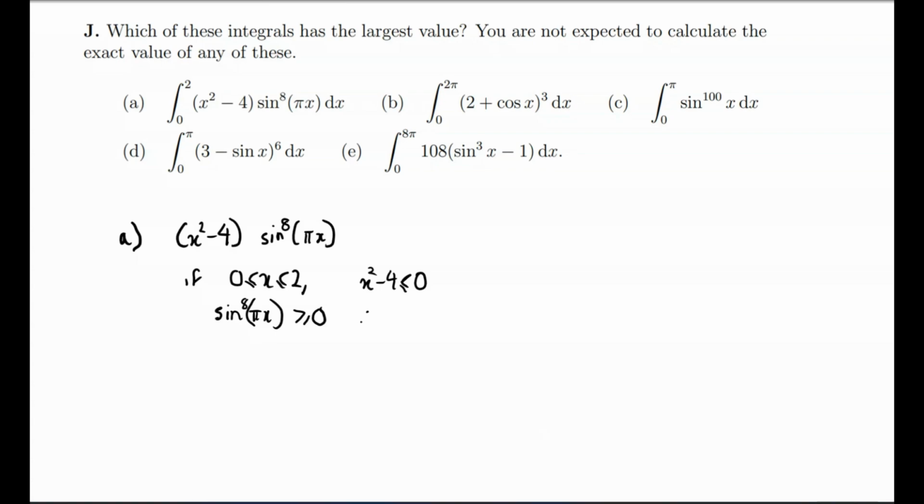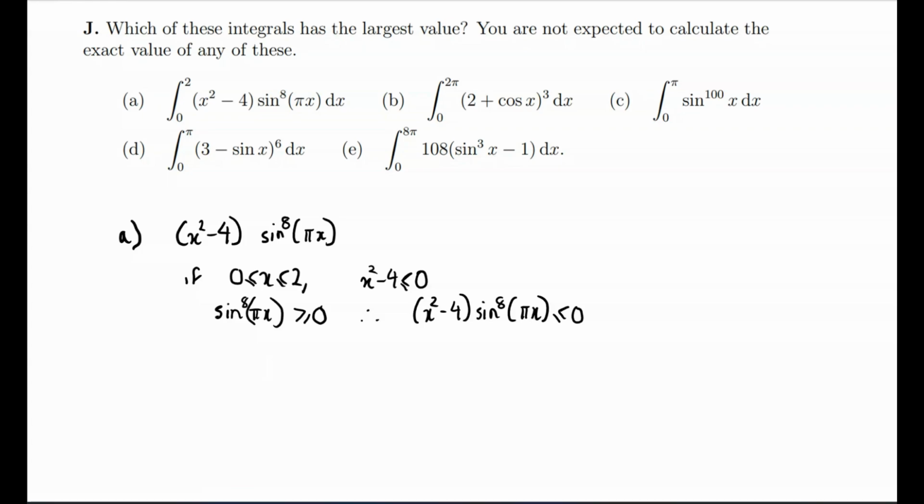So therefore, x squared minus 4 multiplied by sine to the 8 of pi x is going to be less than or equal to 0 in the range from 0 to 2. This implies that the integral from 2 to 0 is also going to be less than or equal to 0, because if the function is always less than or equal to 0 in the range, then the area enclosed by it is also less than or equal to 0.